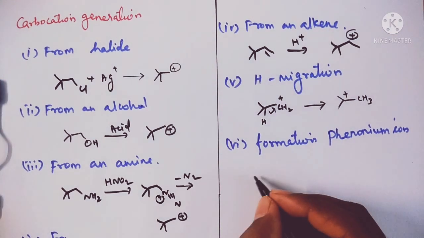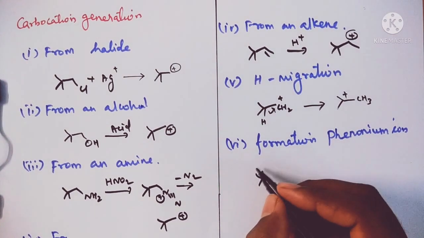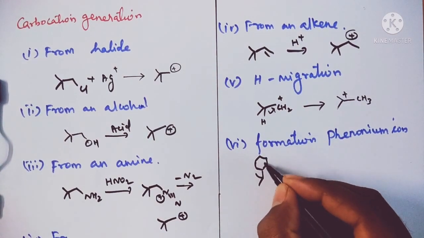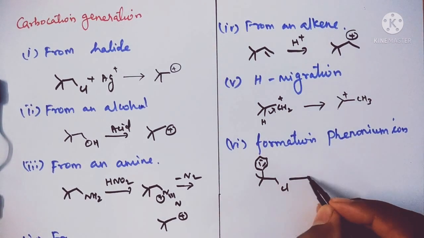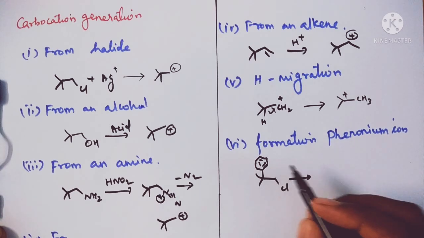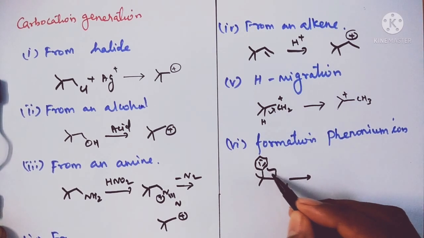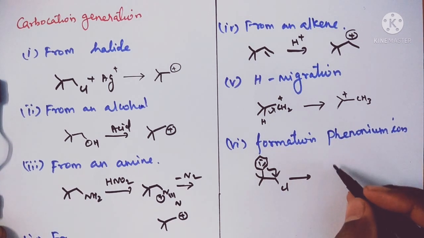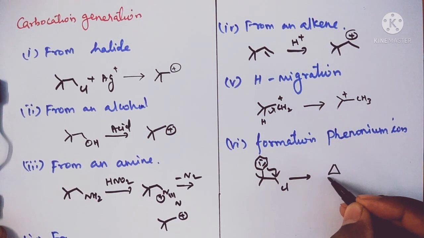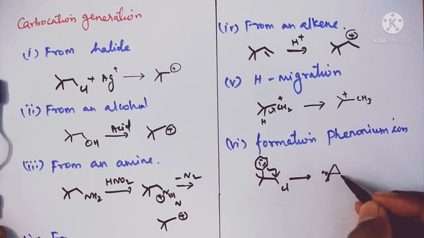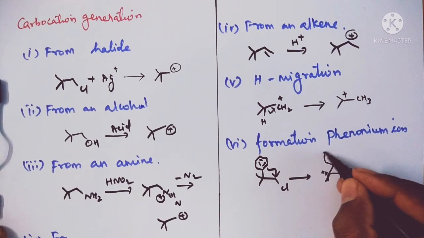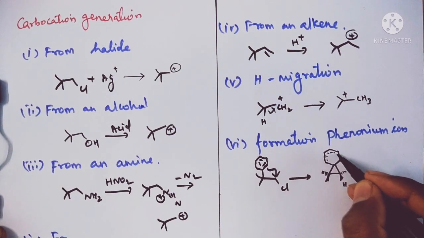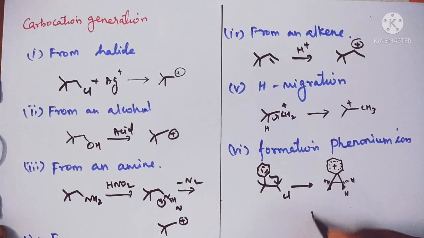If you take this example, the phenyl assists in eliminating this chlorine, so you will get a phenonium ion.